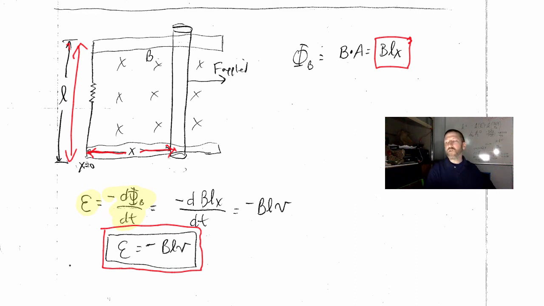Here's what I want you to do. I want you to use Lenz's law to figure out whether the current is going clockwise or counterclockwise in this loop when I move this bar to the right. Is this amount of flux going to get bigger or smaller when I move the bar to the right?